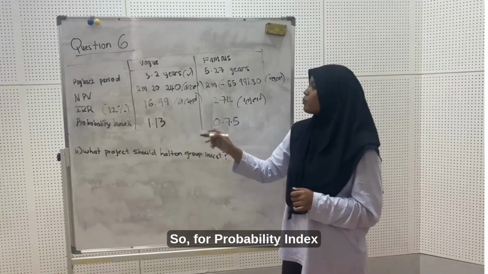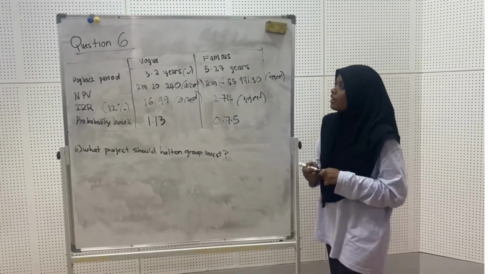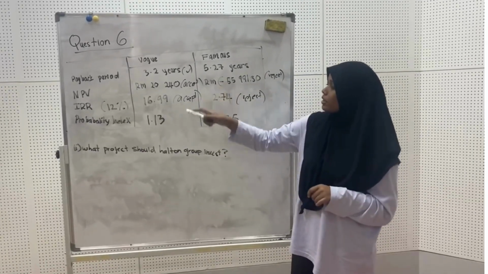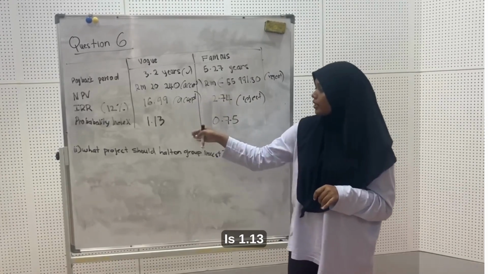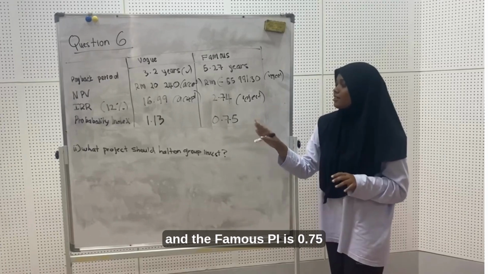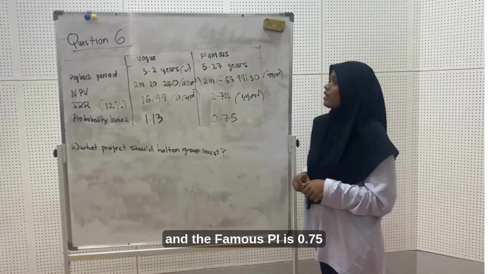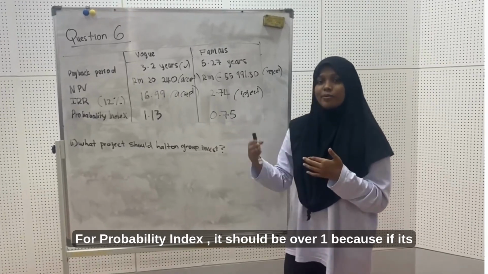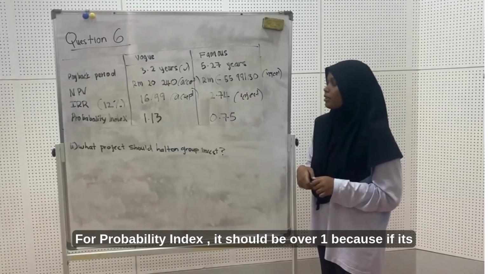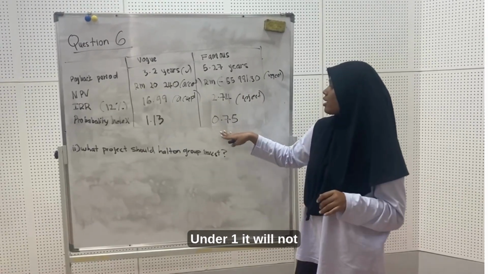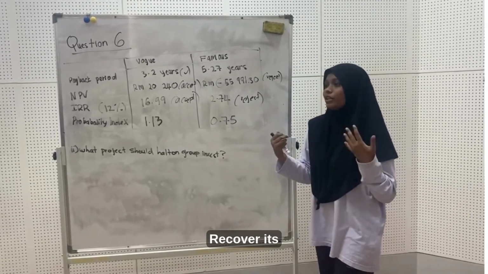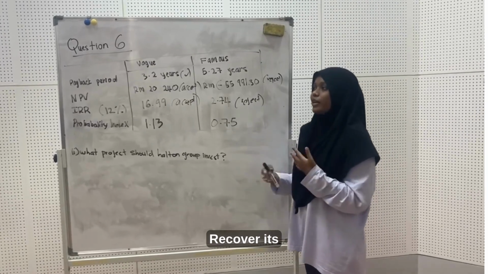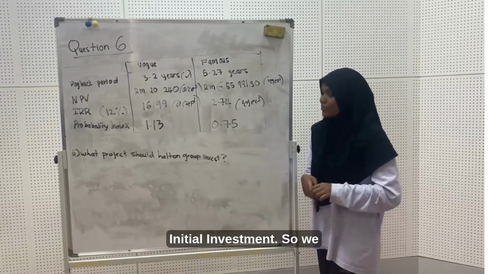For the profitability index, the book is 1.13 and the famous is 0.75. The profitability index should be over 1, because if it is under 1, it will not recover its initial investment.